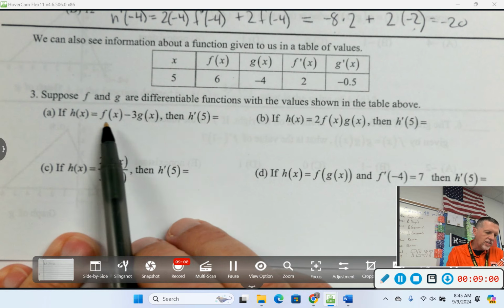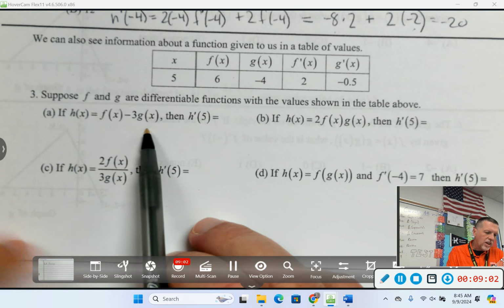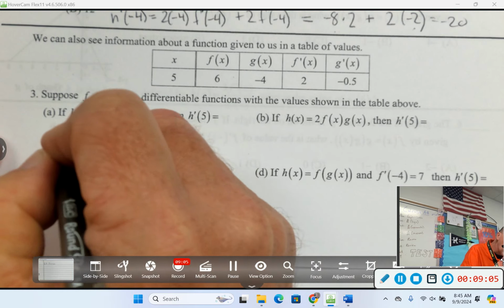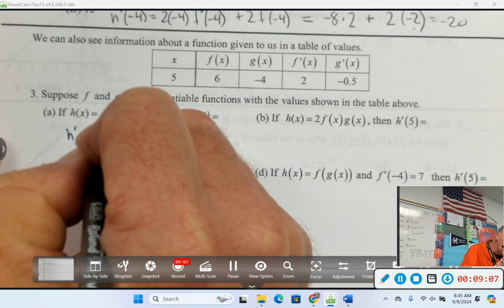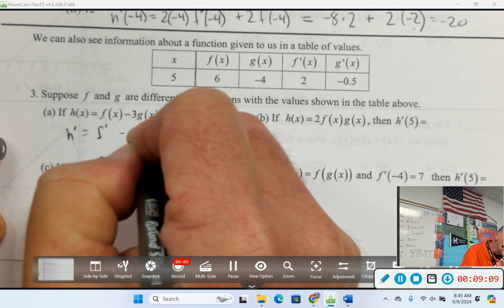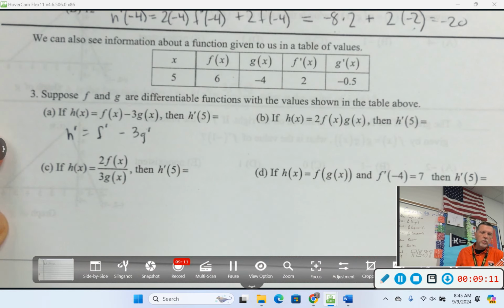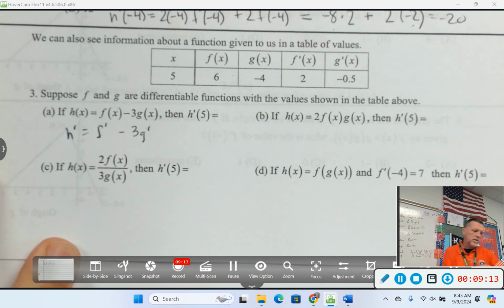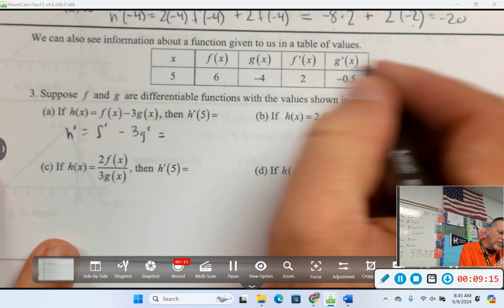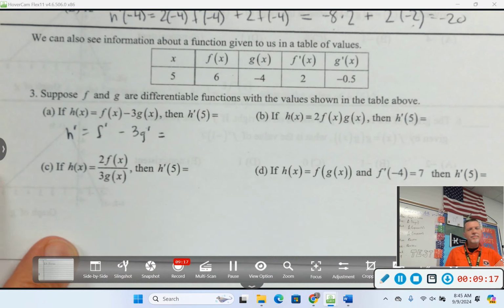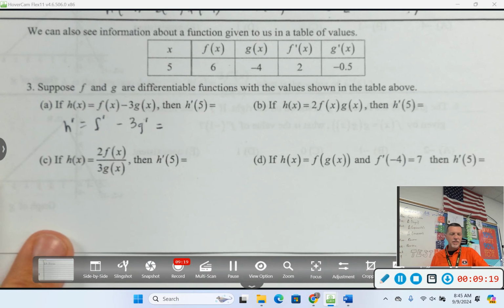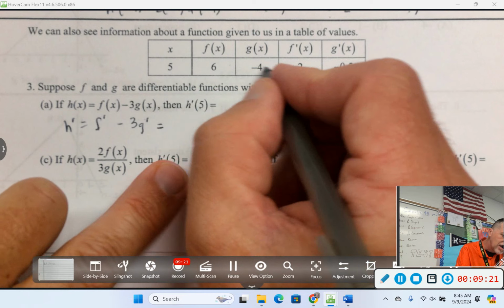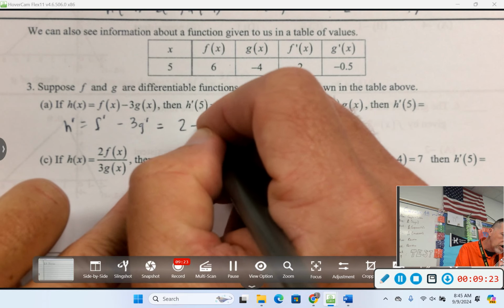Okay, if h of x is f minus 3g, well, that's an easy one, I think. H prime, then, is f prime minus 3g prime. And everything's at 5, so I'm not really worried about which line of the table I'm looking at. F prime is 2.